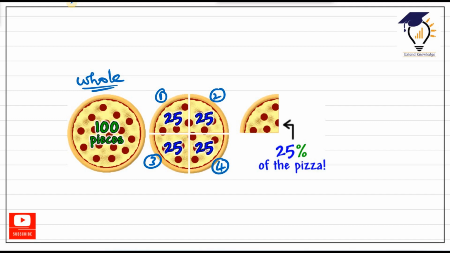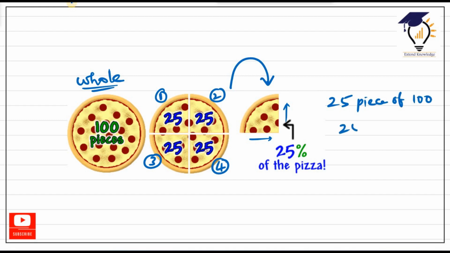The whole pizza I made into 4 quarters, each quarter having 25 pieces, as you can see on the pizza image. If I pick 1 quarter image, this quarter image has 25 pieces of 100.